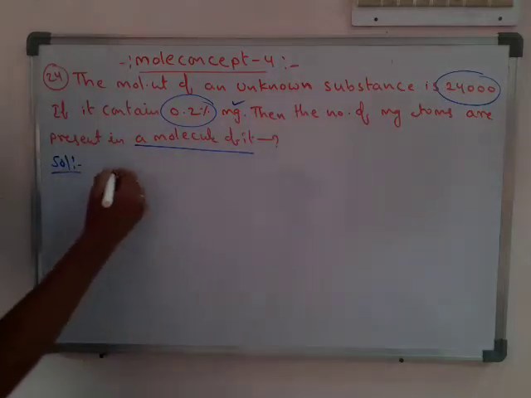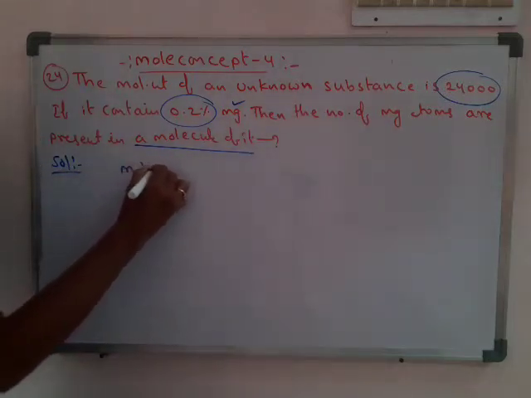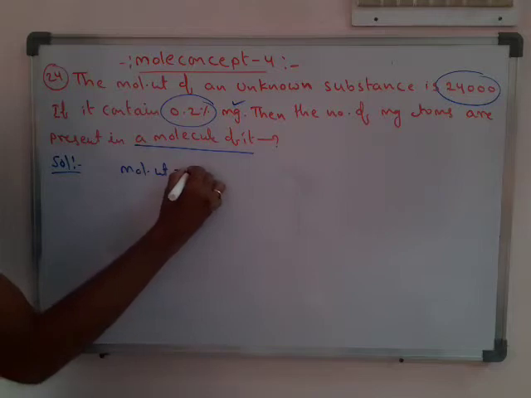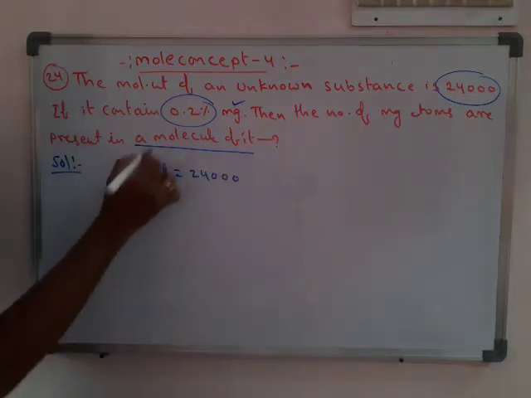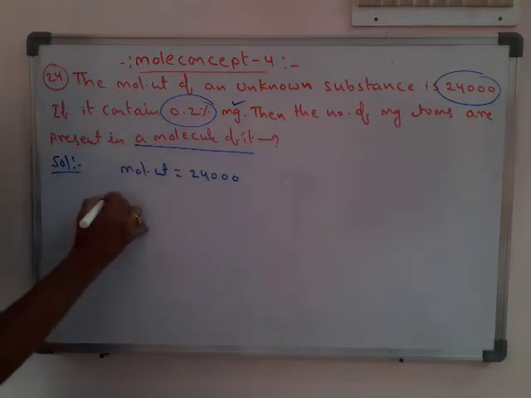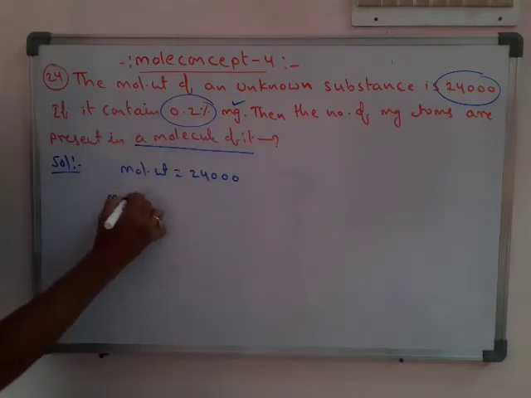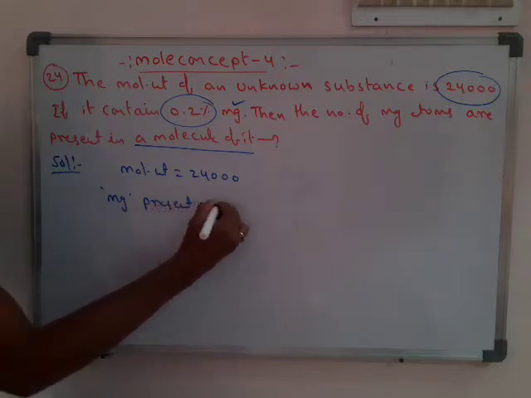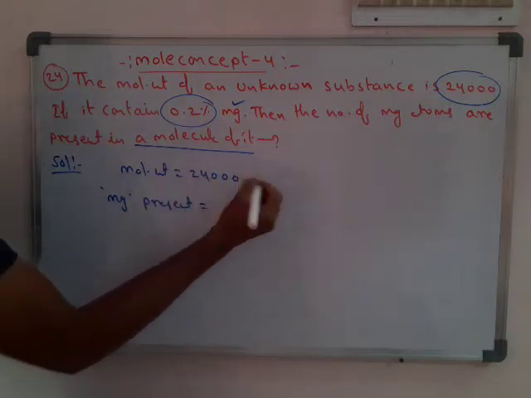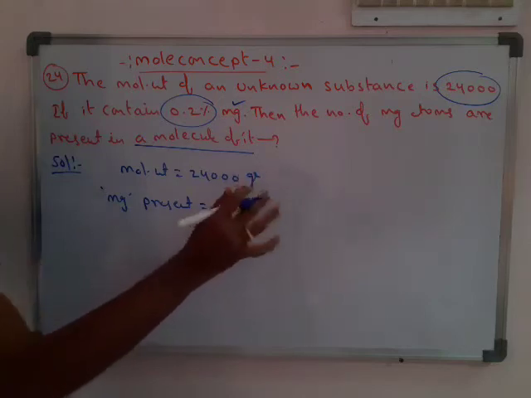See, the molecular weight is equal to 24,000. In that molecular weight, 0.2% is magnesium. Actually, we are taking the molecular weight in terms of grams.